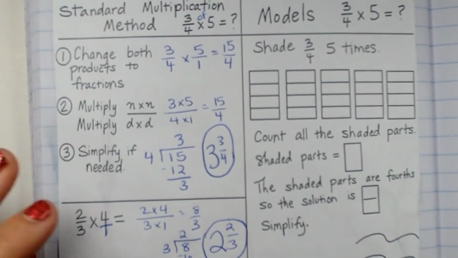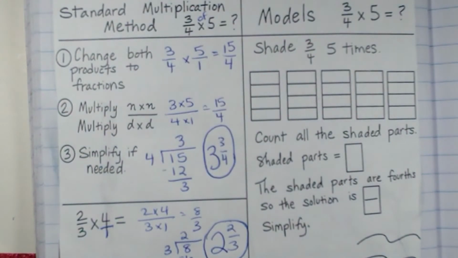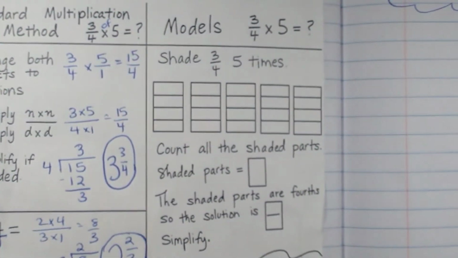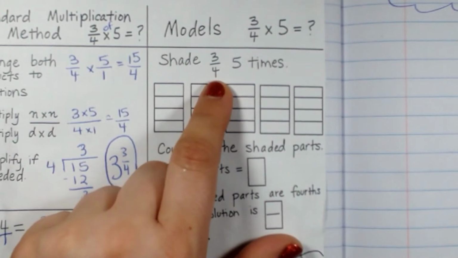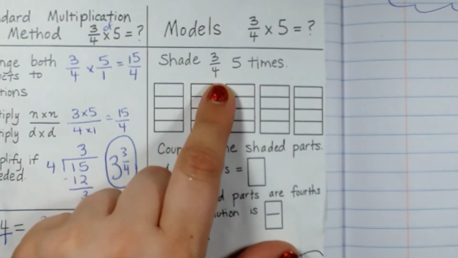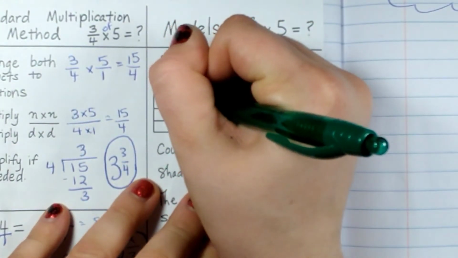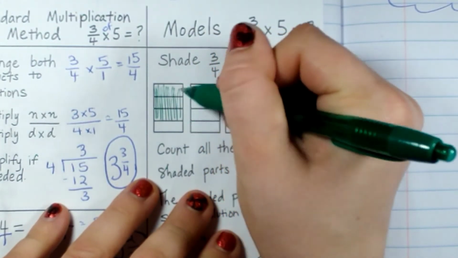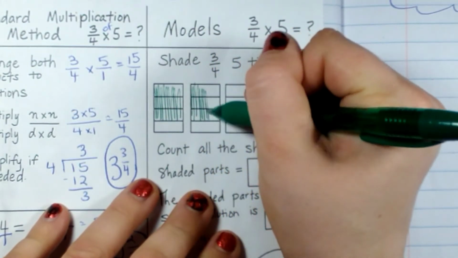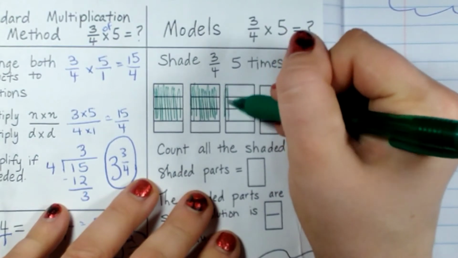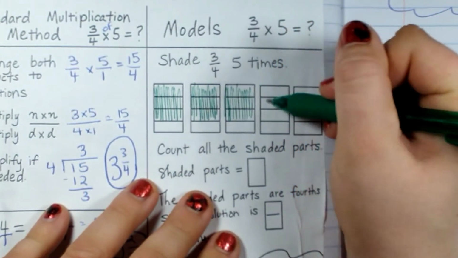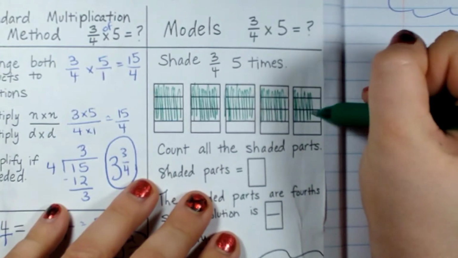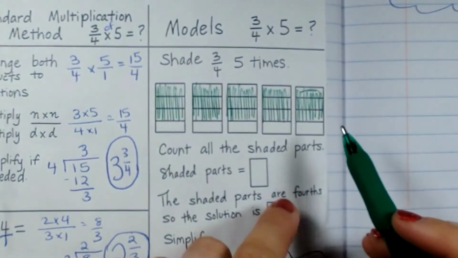But how would I do it with models? Because you might be given models in your examples and your practice problems. So we're going to shade 3/4 5 times. We have our quarters. We're going to shade 3/4, 2, 3, 4, 5. How many shaded parts do we have?